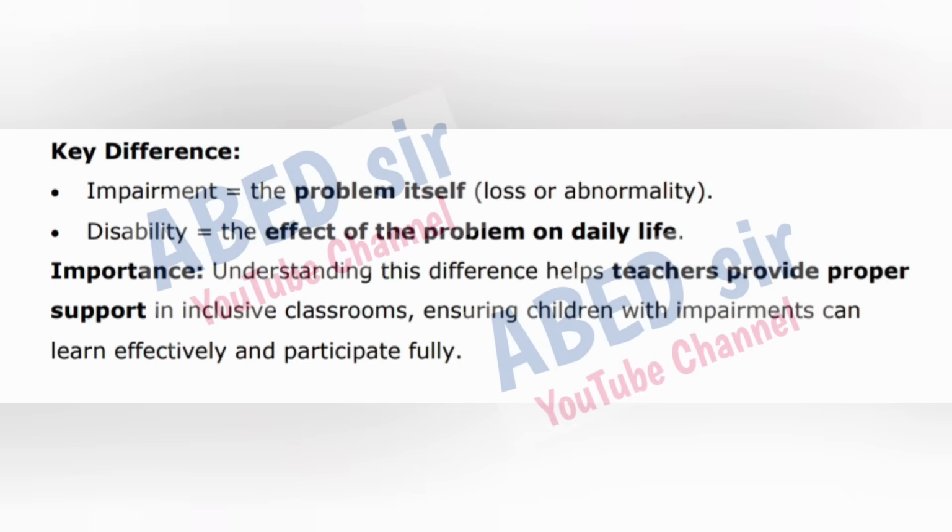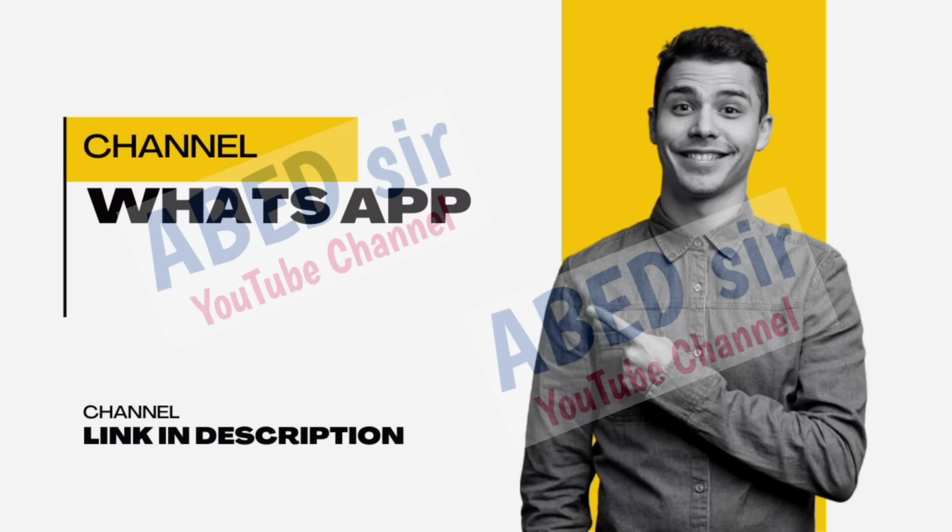Key difference: impairment is the problem itself, loss or abnormality. Disability is the effect of the problem on daily life. Importance: understanding this difference helps teachers provide proper support in inclusive classrooms, ensuring children with impairments can learn effectively and participate fully.